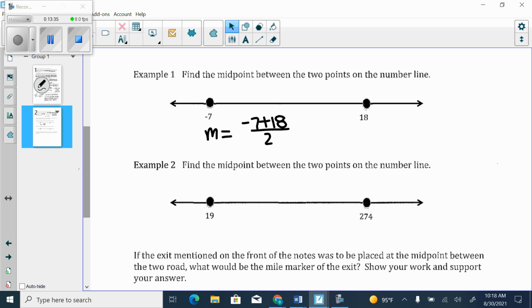And what is -7 plus 18 or 18 plus -7? 11. So I got 11 divided by 2. And what is 11 divided by 2? 5.5. So the midpoint on this line would be at 5.5.